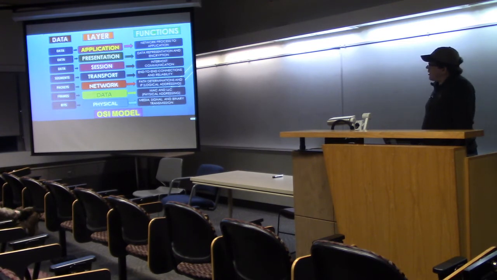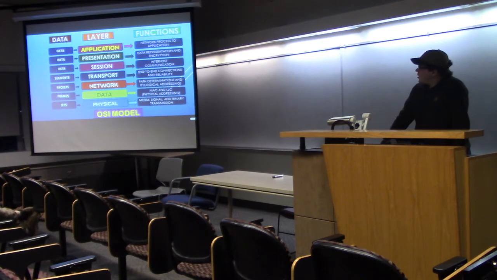Basically, here's your 7 layers of how things are connected. At the most basic level, you have an actual wire or a wave in the air that's carrying data. And as you work your way up, you have higher and higher levels of abstraction, where you eventually get to your application stuff. There are some people who would argue that this model is somewhat outdated.